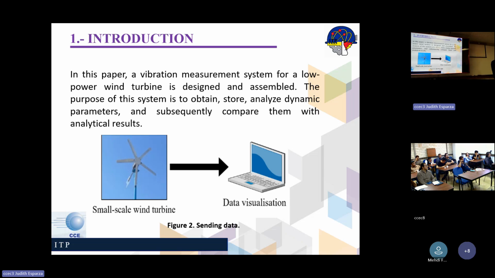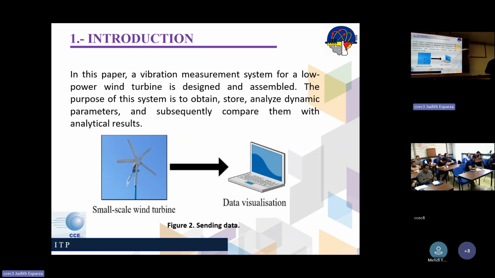So to understand the wind turbine's behavior, we need to obtain at least one of the 3 modal parameters. The 3 modal parameters are natural frequency, damping ratio, and the deformation patterns.